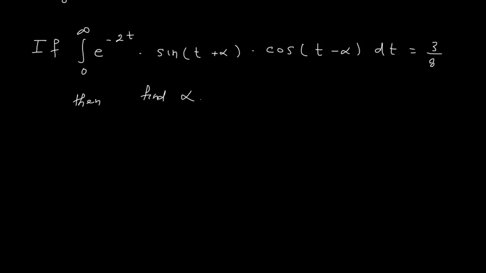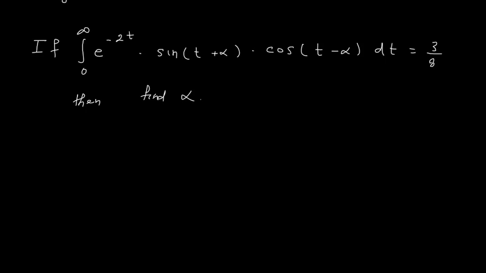Okay, little strange. Now we have to evaluate; they have already given the value of 0 to infinity e raised to minus 2t sine t plus alpha into cos t minus alpha dt as 3 upon 8.